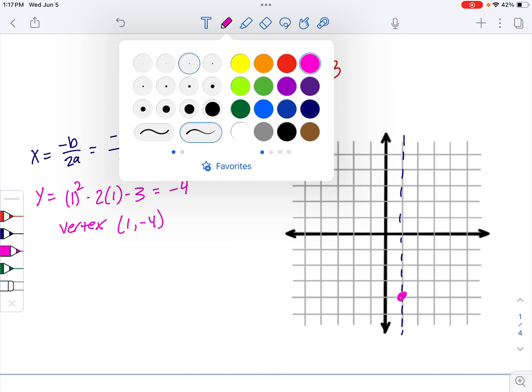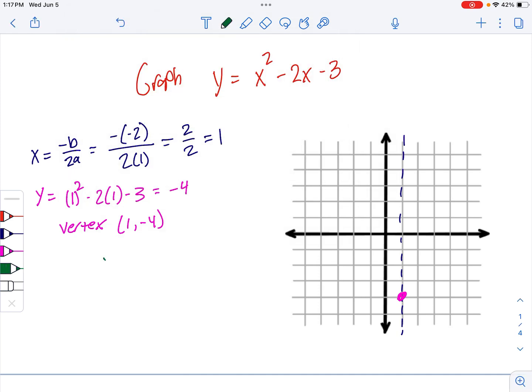And then to finish out our graphing, what we're going to want to do is just make an xy table, put that vertex in the middle, and then we can plug in numbers around the vertex. So we can plug in 0, that's an easy number to plug in for x. When we do that, we get negative 3. And then we can reflect that point over at 2.